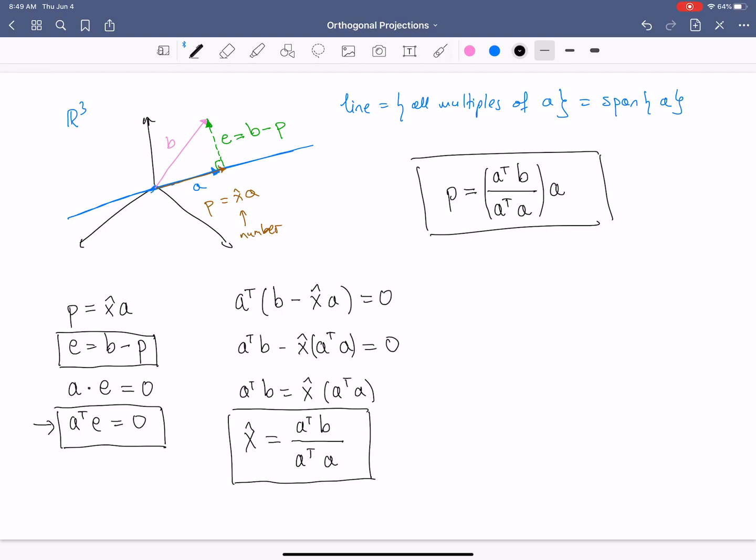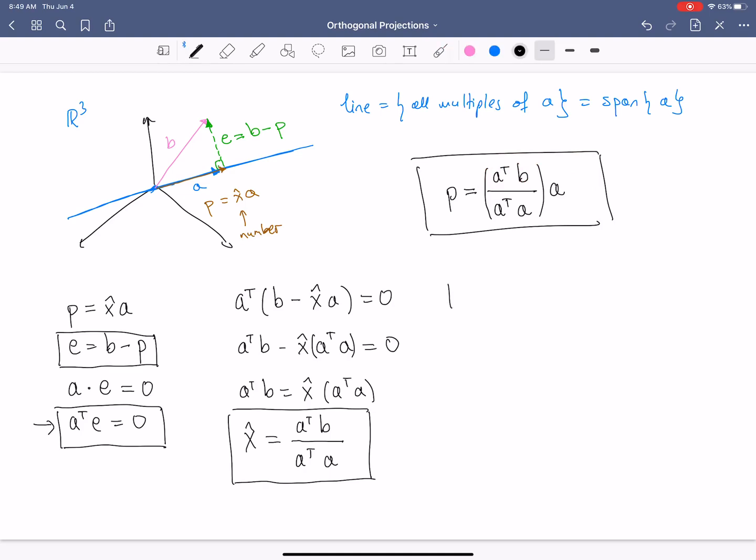The only trick that we have to do is get this B to come over here, because what we want is to apply a matrix P onto the vector B to get its projection little p. So what can we do? Well, I could take this A and put it on the left here. The reason I can do that is because A transpose B is nothing but a number, so I can take the number and put it here.